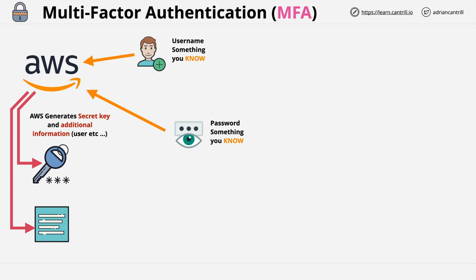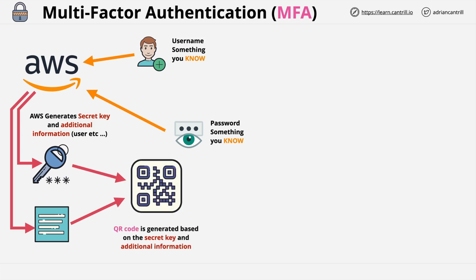This information needs to be eventually entered into an MFA application such as Google Authenticator, and to make this easier, AWS use all of this information together, so the secret key and the additional information, to generate a QR code, and this QR code encodes all of this information in a visual pattern.